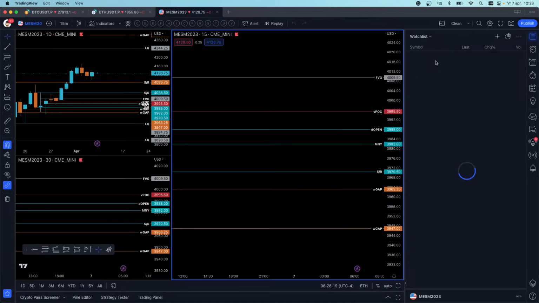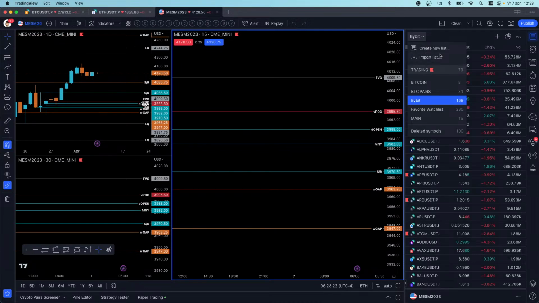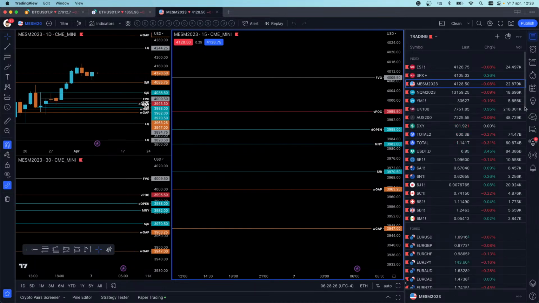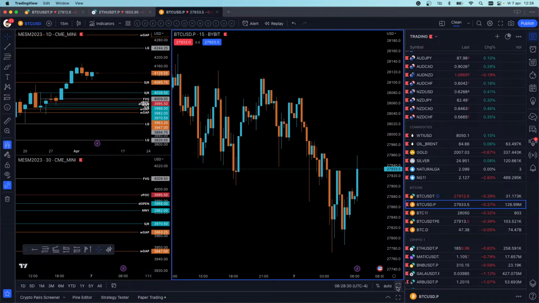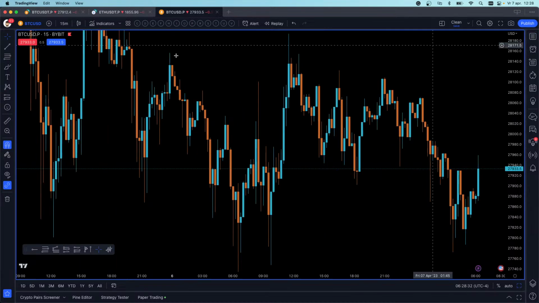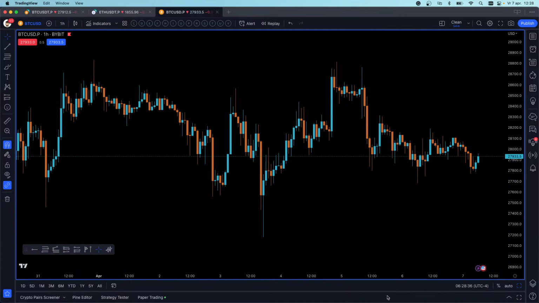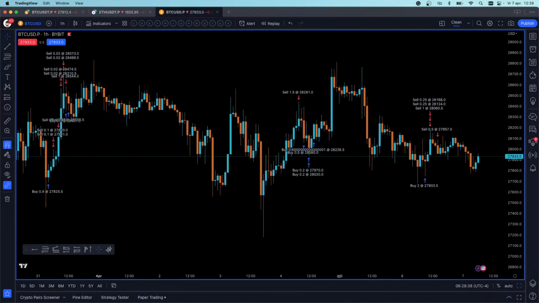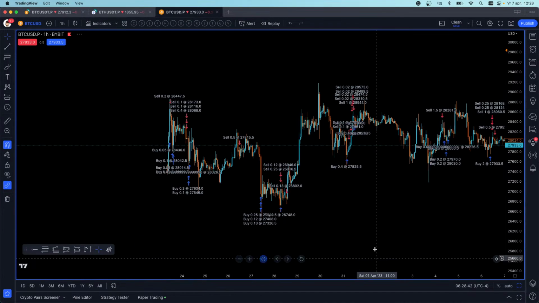Just one moment. So we bounced from that daily level. I have trading over here. And it was this one with all the executions. Let's see if that's correct. Executions. Yeah, these were all the trades that I took.